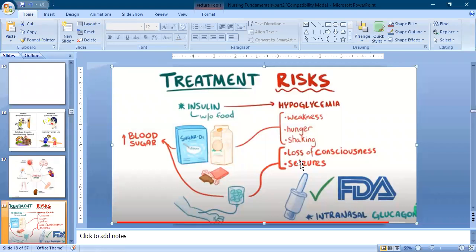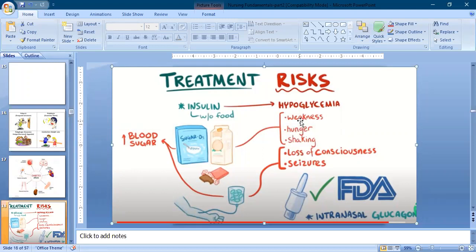So treatment of hypoglycemia, right? Management of hypoglycemia in a conscious or unconscious patient. As we know, the signs and symptoms of hypoglycemia are that the patient feels weak, hungry, and shaky.